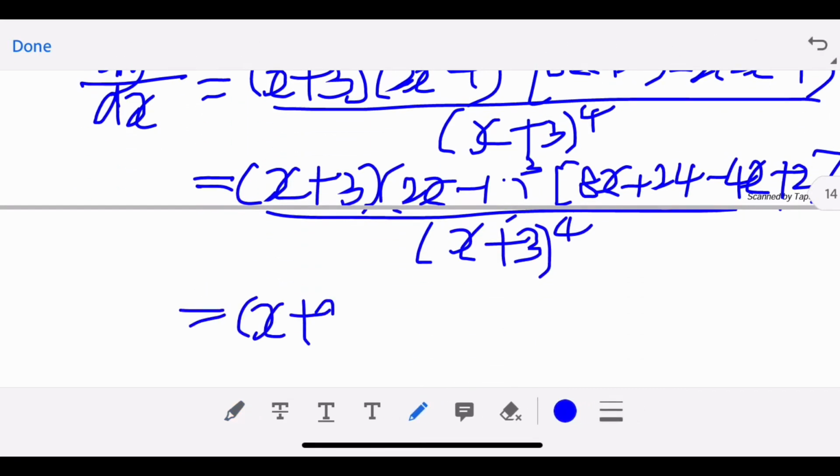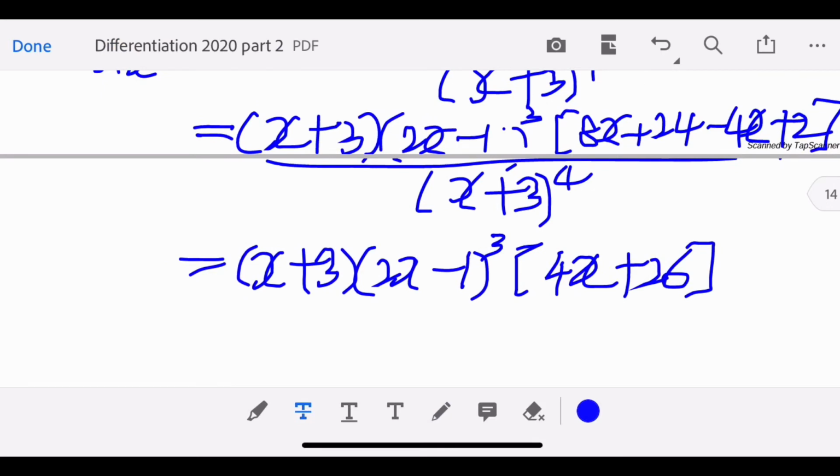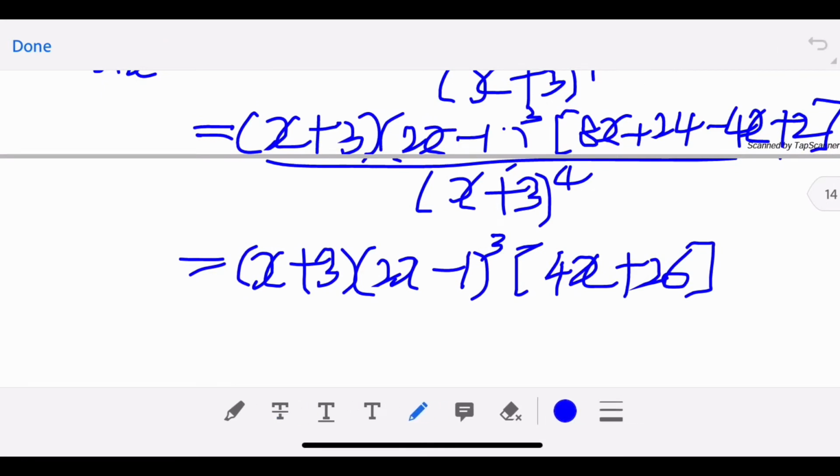Okay, so finally you have (x plus 3), (2x minus 1) to the power of 3, and then you have 4x plus 26, right? 4x plus 26, okay, over (x plus 3) to the power of 4.